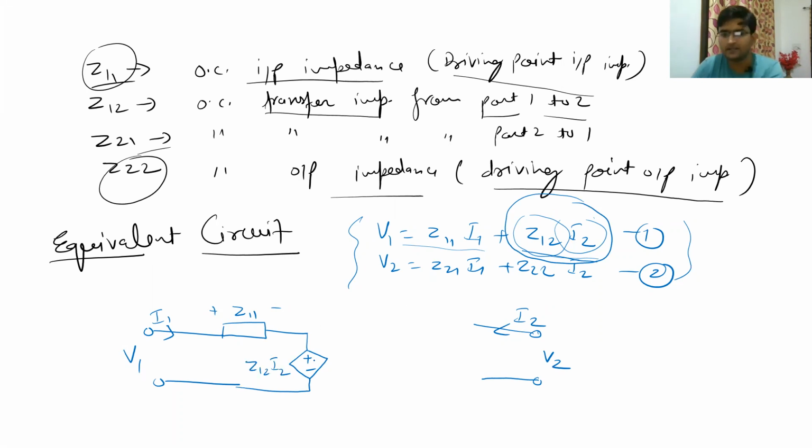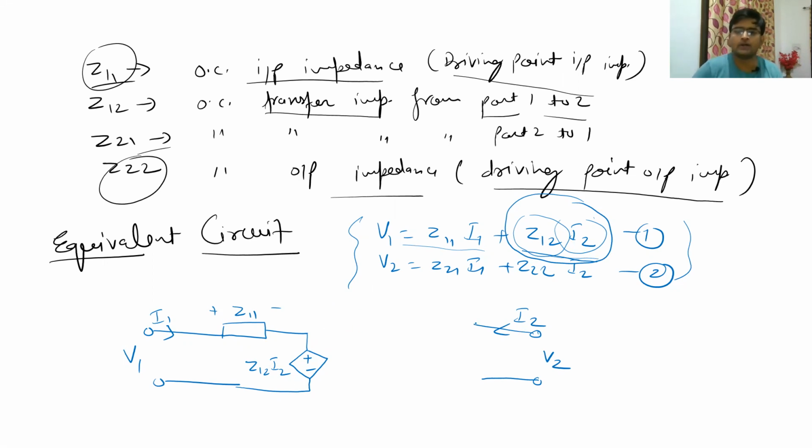So this dependent source at the input end has a voltage value of Z12 into I2, which depends on the current I2 flowing into the output side. We have to make this a dependent source because we don't know whether this output current will somehow come to the input port or not, right? So this voltage drop depends on I2.